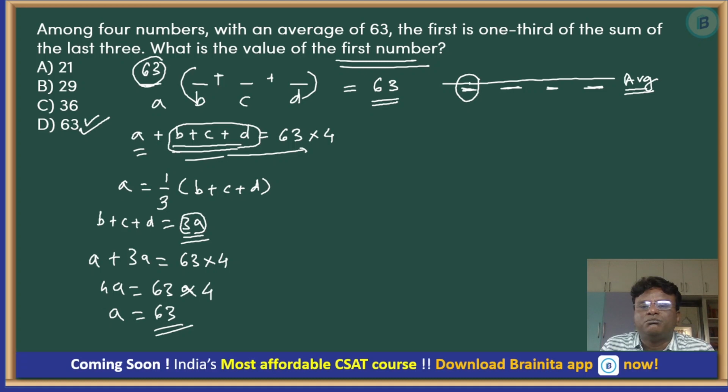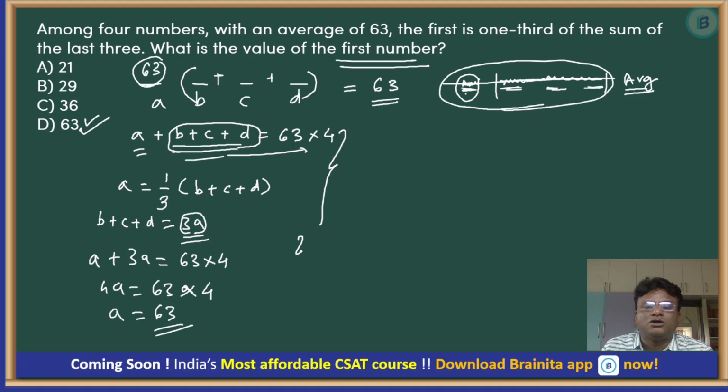Now if this number is exactly on this line, that means the average of these three numbers has to be the same as this number, and the average of all these numbers also has to be the same as this line, because this number is exactly on this average line. I hope you got this concept, but if you have not, it is okay, because this is not a very complex calculation. If it clicks, you can immediately see that this number has to be 63, which is option number D.